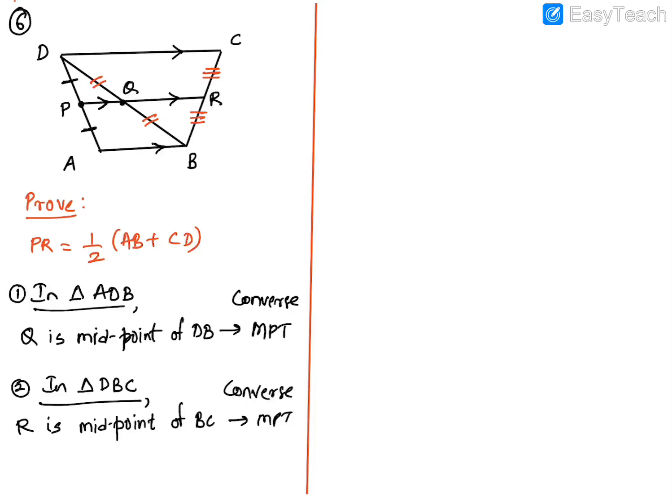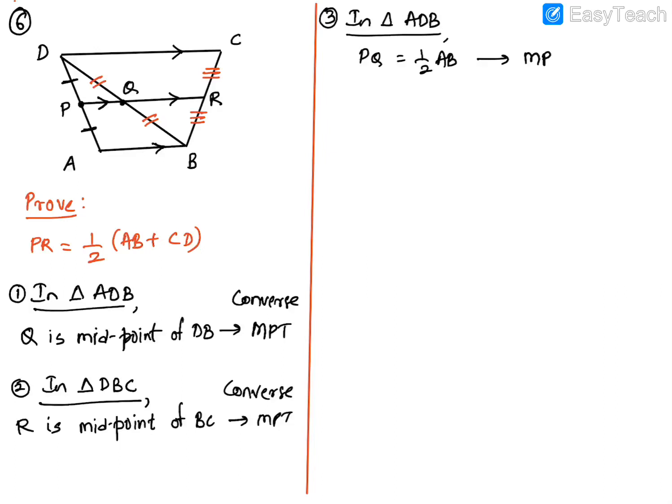Now again in triangle ADB. Let's go back to triangle ADB. Statement number 3: in triangle ADB, PQ will be equal to half of AB. What will be the reason?